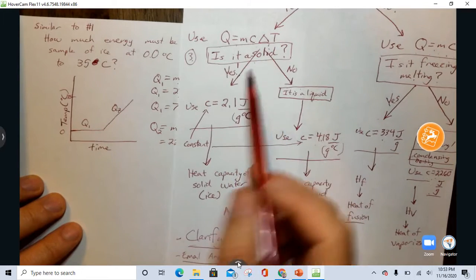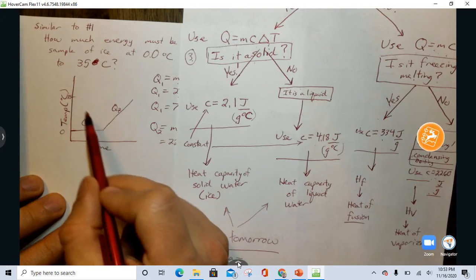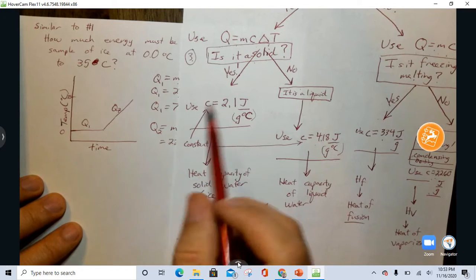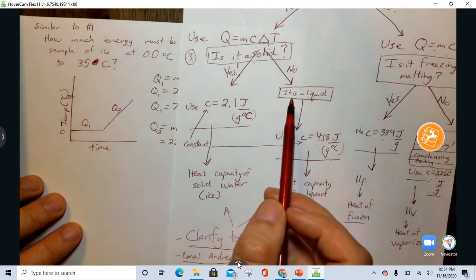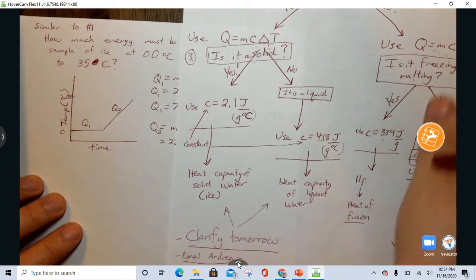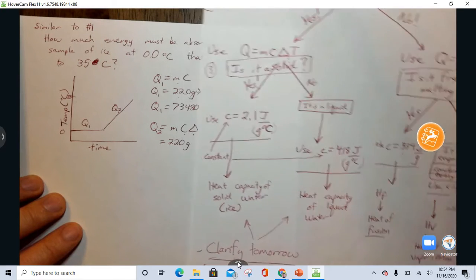The C is another part of this flow chart. Is it a solid? Well, at this point, it's all melted and it's going up to 35 degrees. Anything above 0 must be liquid. So no, it's a liquid. We're going to use C equals 4.18 joules per gram degree Celsius.